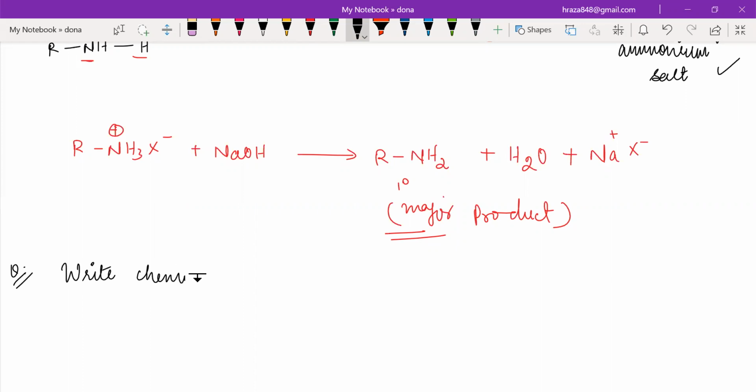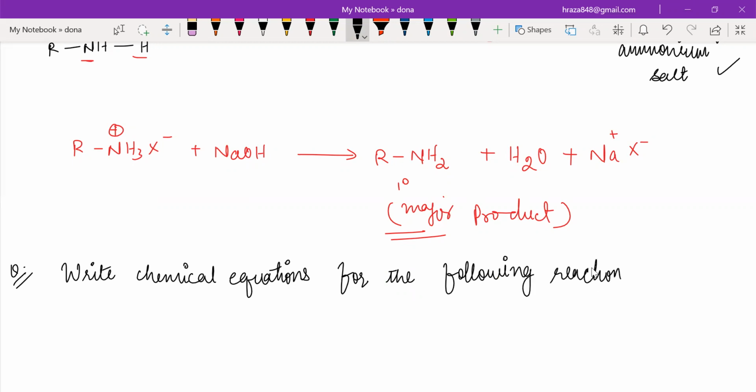Write chemical equations for the following reactions.